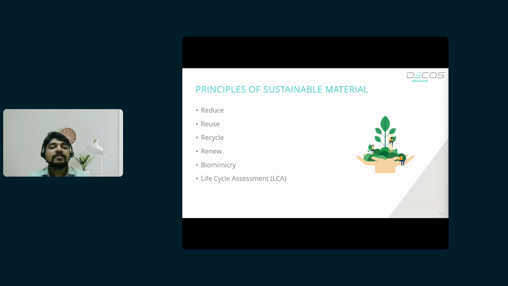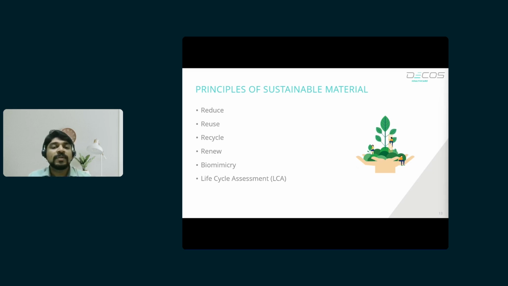As we have discussed, sustainable material development focuses on creating and using materials with minimal environmental and social impact. Here are some key principles for sustainable material development. They are reduce, reuse, recycle, renew, biomimicry, and LCA. Reduce implies minimizing the amount of material used in a product or a process.